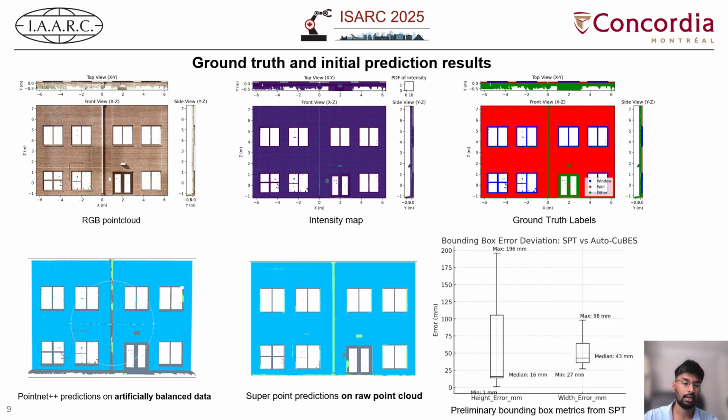And these are the error metrics from the SPT compared with the ground truth. Our median is pretty close to the target 3 millimeter that we are trying to achieve, and we are actively training with new improved features.